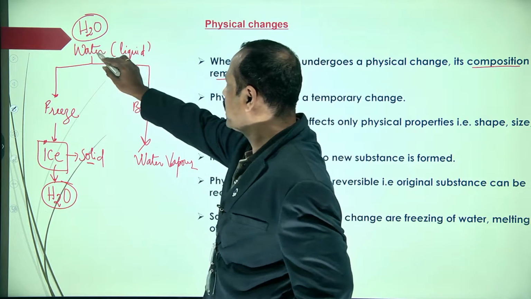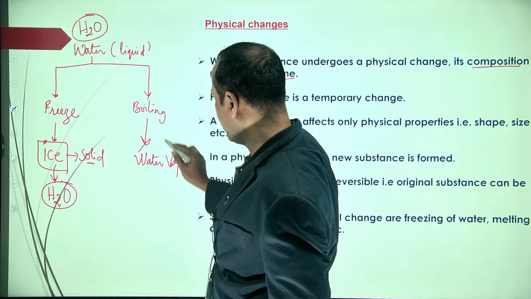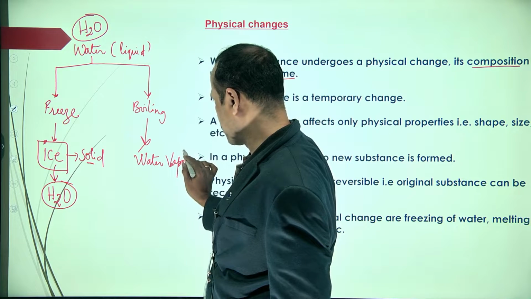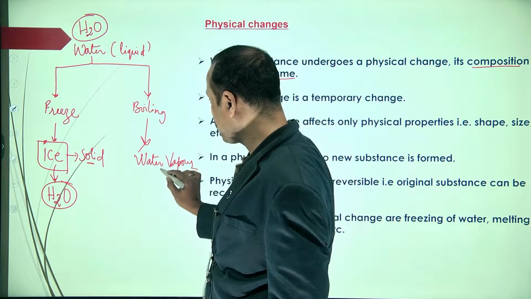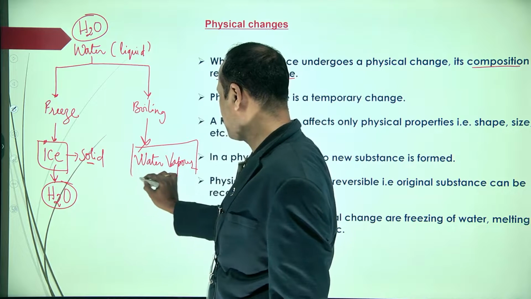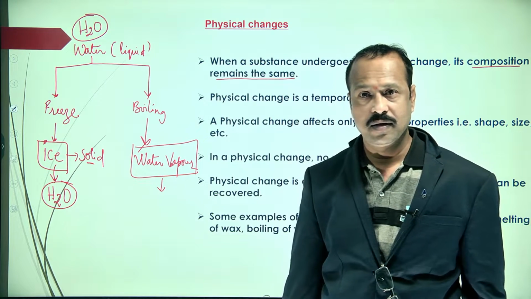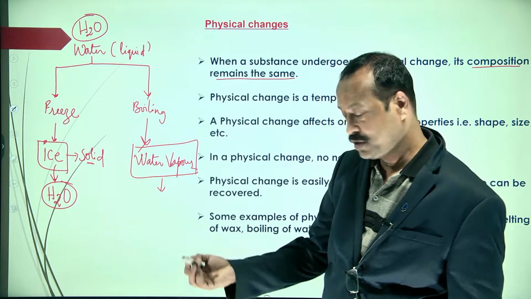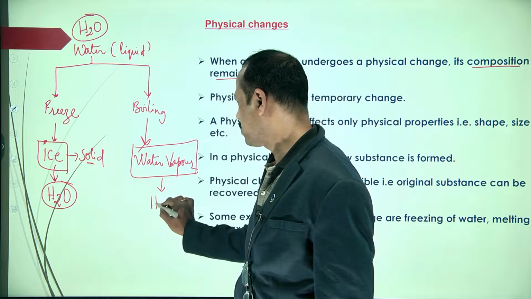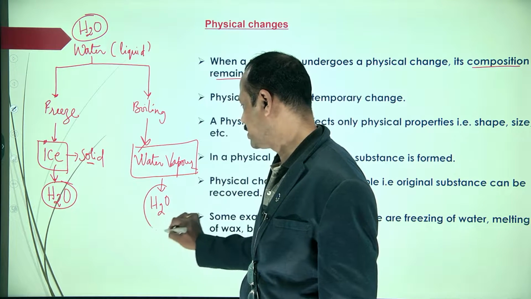Now I am taking the water H2O, I am boiling it, and it is converting into water vapor. What is the formula of water vapor? H2O. Very good. So the formula of water vapor is also H2O.